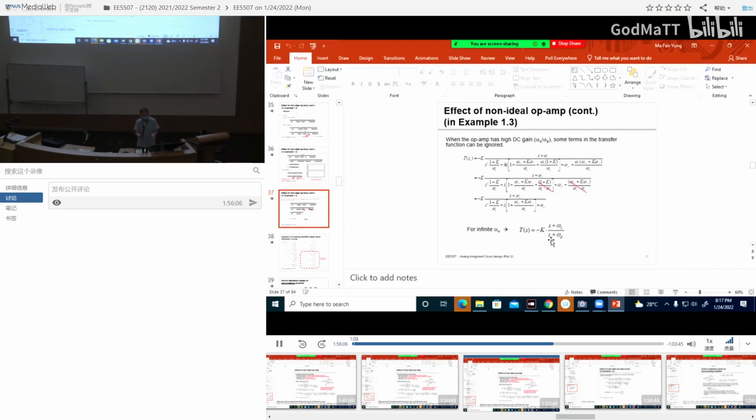So remember, the ideal op-amp, we assume that gain is infinite, which means very high. Bandwidth is very high, infinite bandwidth. We have this simple expression, 1 zero, 1 pole.